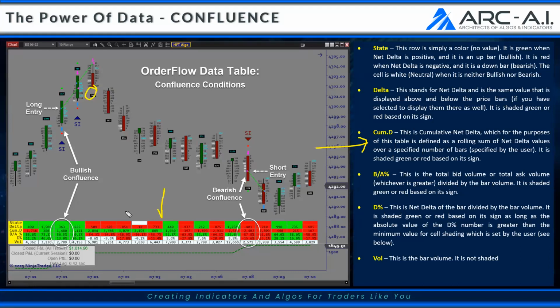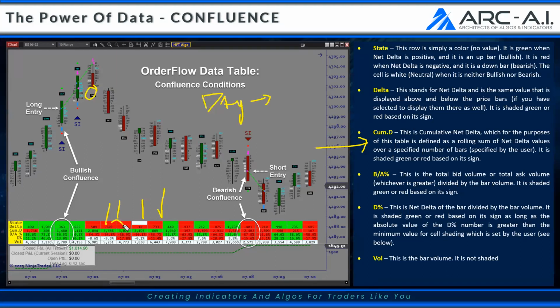Now, this is a massive, massive advantage, because on any other platform that I've seen, maybe somewhere out there it exists, I don't know, the cumulative delta is usually for the day. So it's from market open until now. In this case, you can have it say, I only want to add the last 3 bars of net delta.